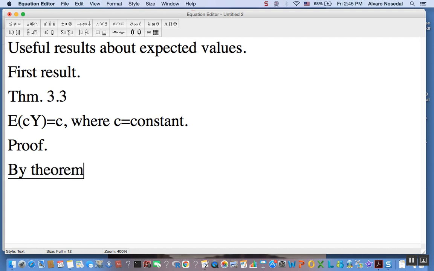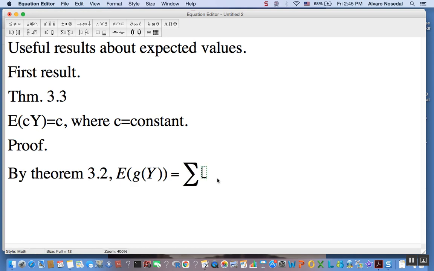By theorem 3.2, the expected value of g of y equals the sum of g of y times the probability that the random variable y assumes that particular value, right?